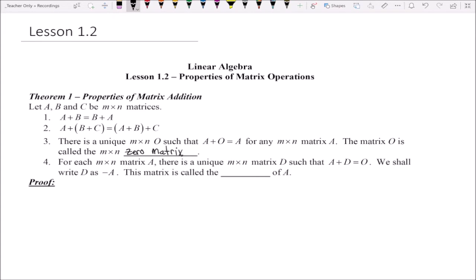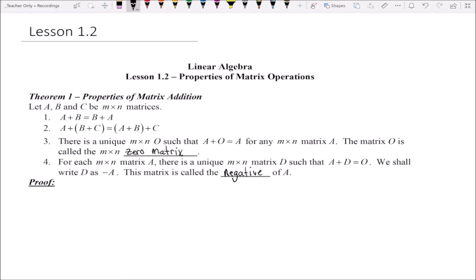And finally, the fourth property, for each M by N matrix A, there is a unique M by N matrix D such that A plus D is equal to O. What we do is we write this matrix D as negative A, and we call it the negative of A.